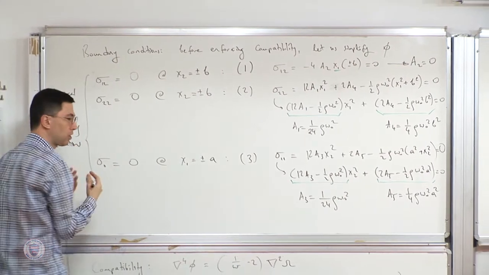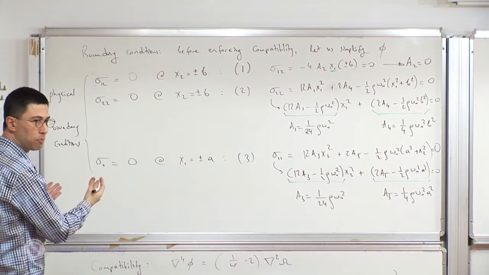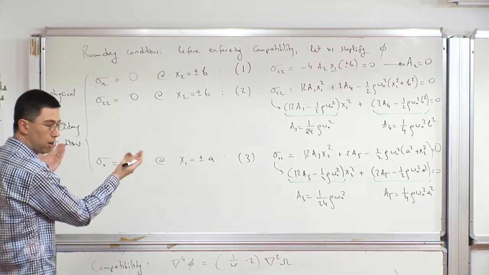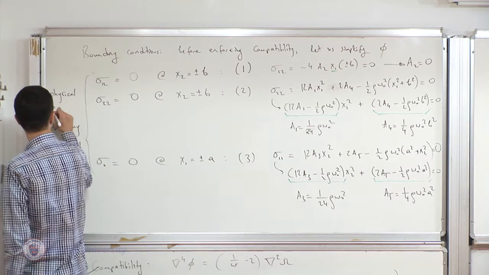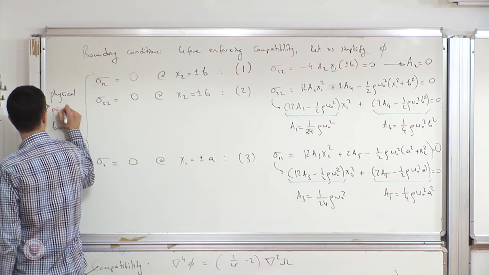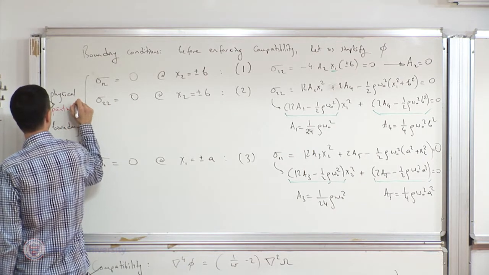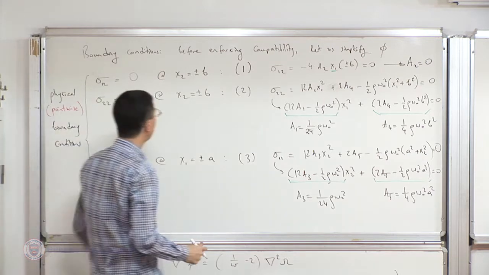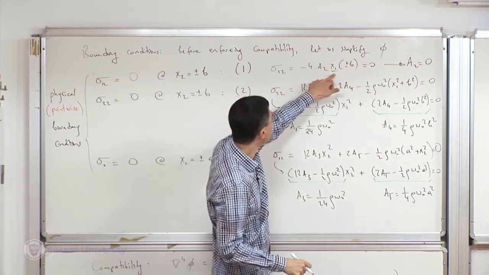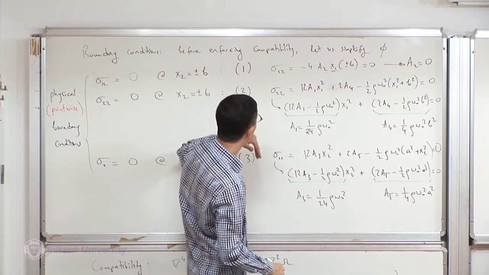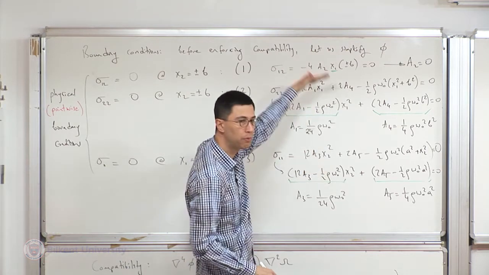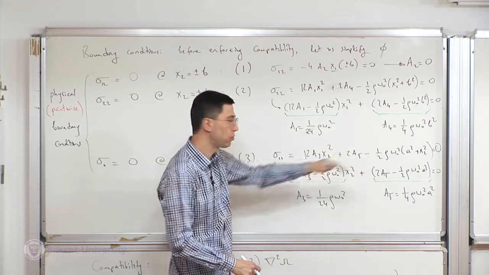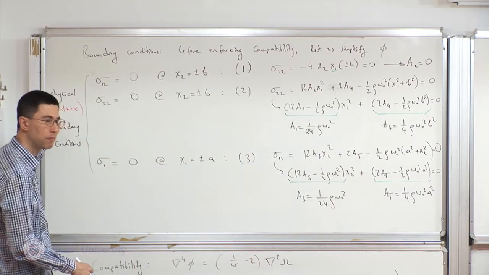What I mean by physical is that when I look at the original problem, the physics of the problem, these are the boundary conditions as I see. And I have enforced them point-wise. In other words, I said for every x1 at the top surface, and for every x2 along the right edge, this must equal 0. That I called point-wise. Okay?